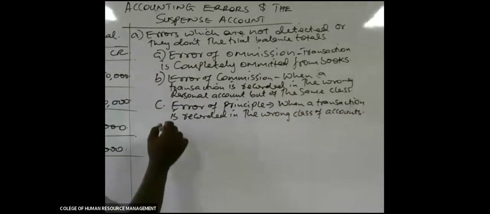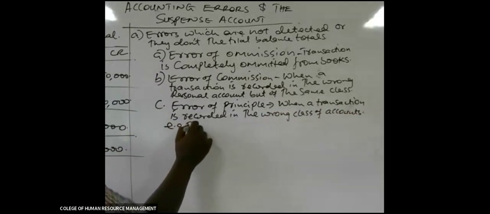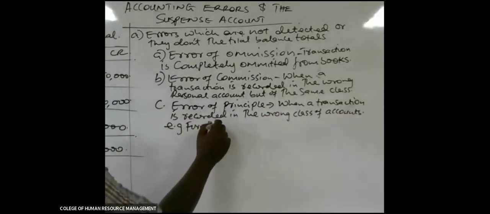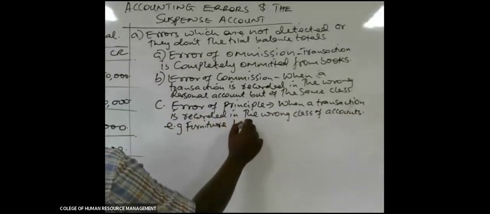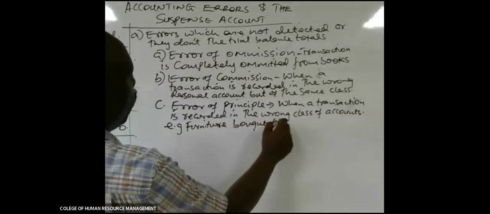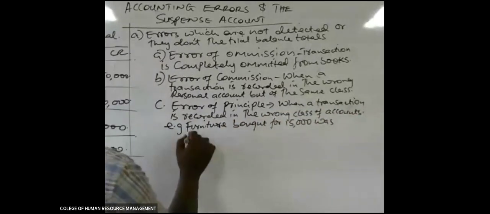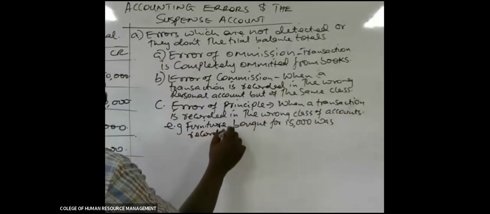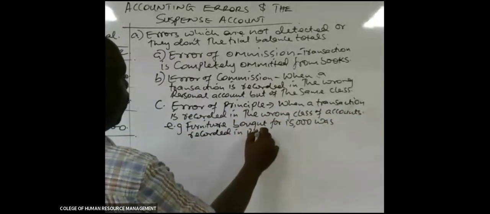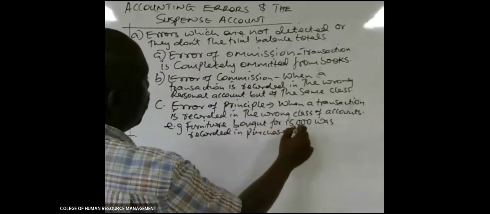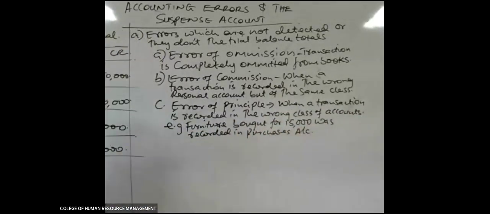E.g., furniture bought for 15,000 was recorded in purchases. Furniture bought for 15,000 was recorded in purchases account.